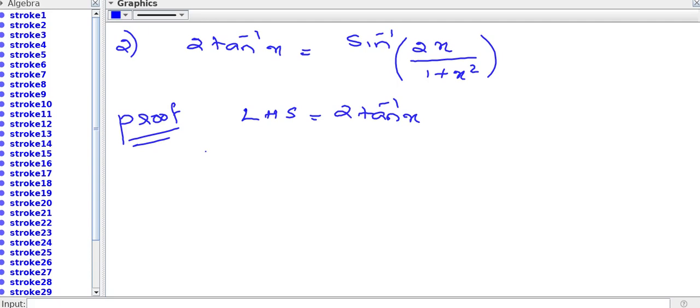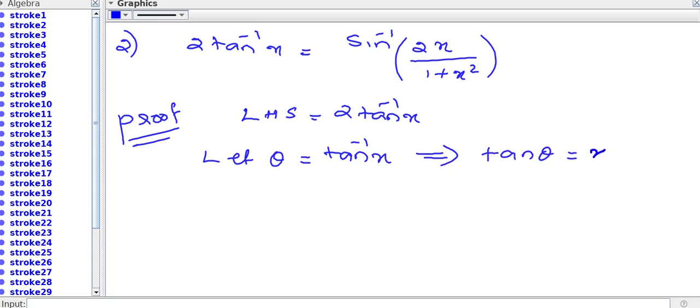Now let theta is equal to tan inverse x. Tan inverse x can be replaced by theta. If theta equal to tan inverse x, we know tan theta is equal to x, right? If tan theta is equal to x, then theta equal to tan inverse x.